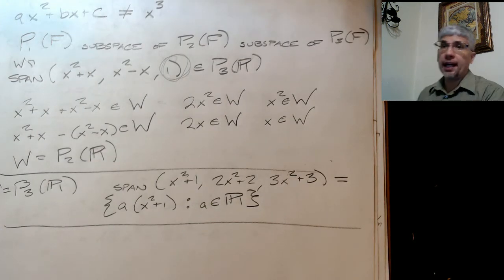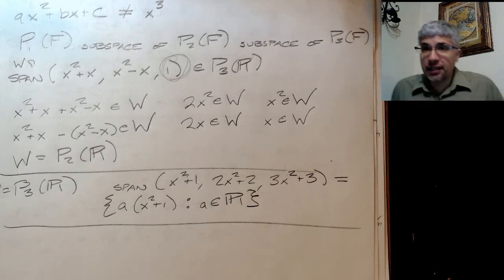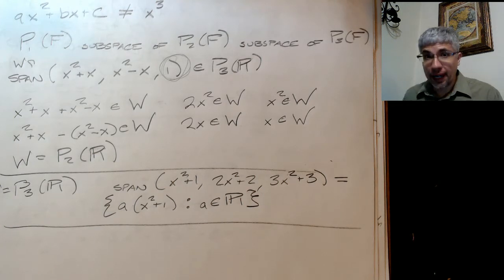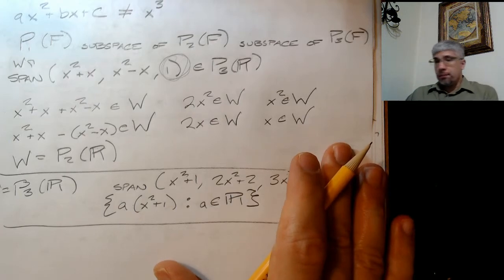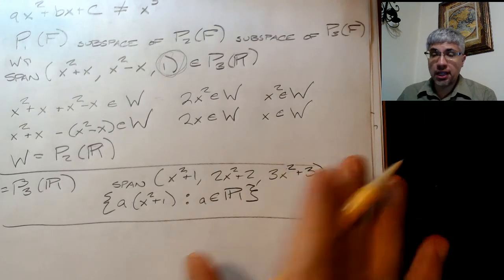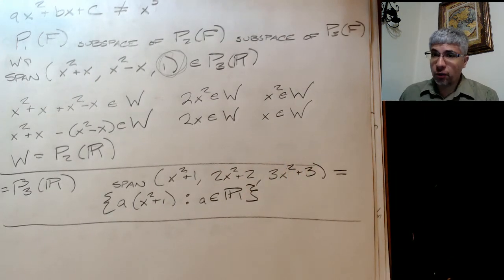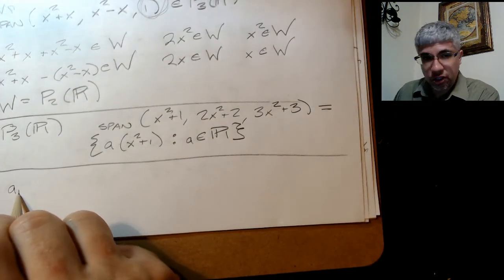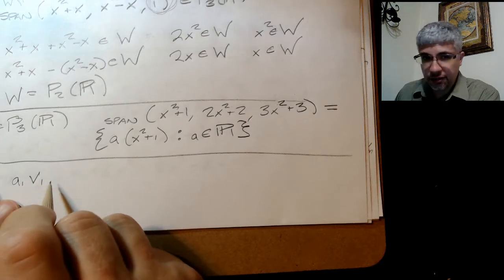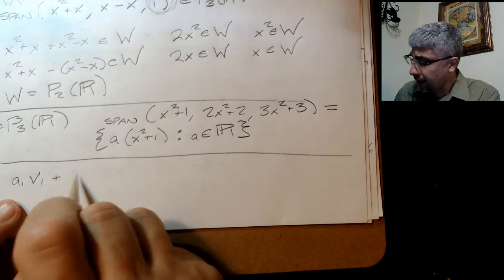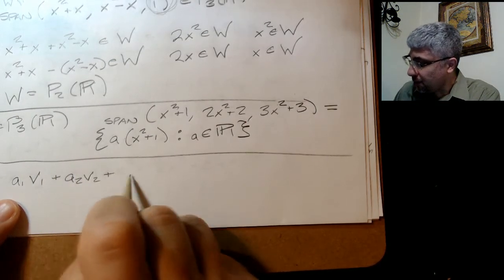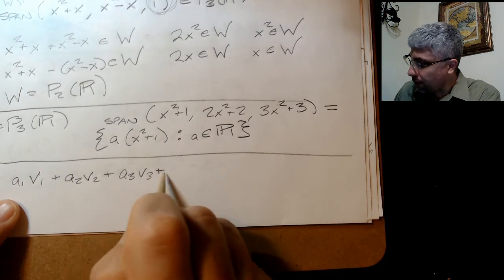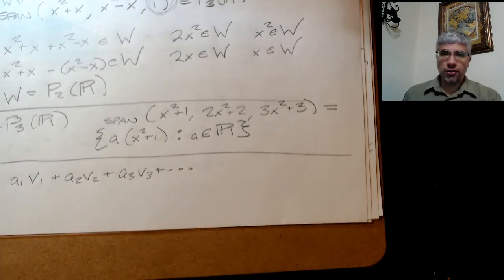What we're looking at, though, are these vector spaces which are spans. And remember, built into the definition of linear combination is a certain finiteness, right? We're not taking infinitely many vectors. We're never doing a1v1 plus a2v2 plus a3v3 plus dot, dot, dot, all the way out to infinity.